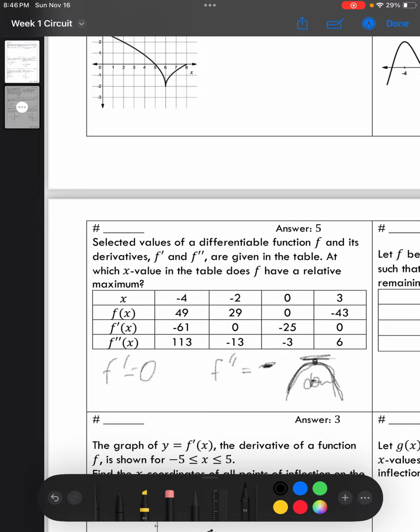So we just need to check where f prime is 0 and f double prime is negative, and if you look at the table, it's here. So at x equals -2 is where f has a relative maximum.